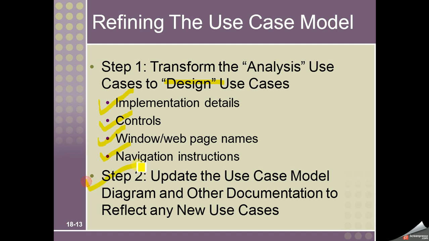In step 2, we update the use case model diagram and other documentation to reflect any new use cases. So if we also discover some missing use cases, we'll also update the use case model with these new use cases.